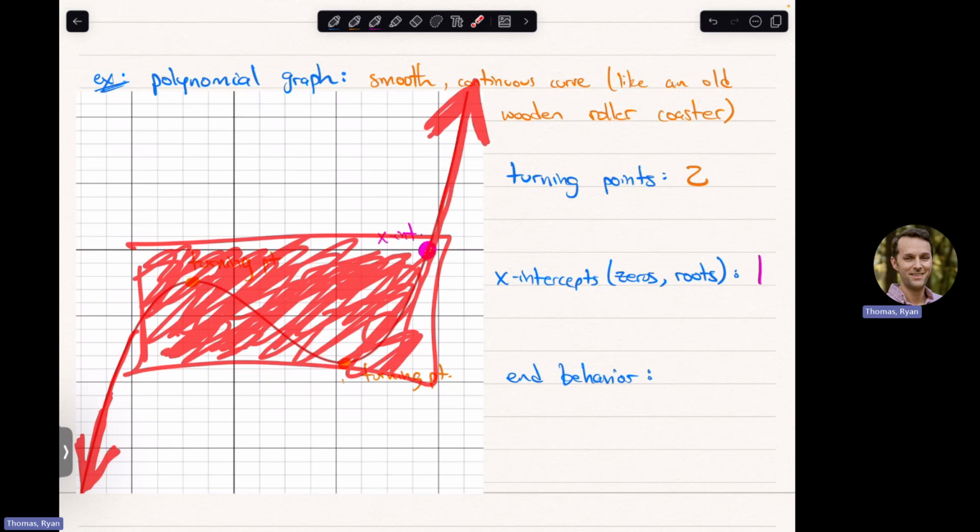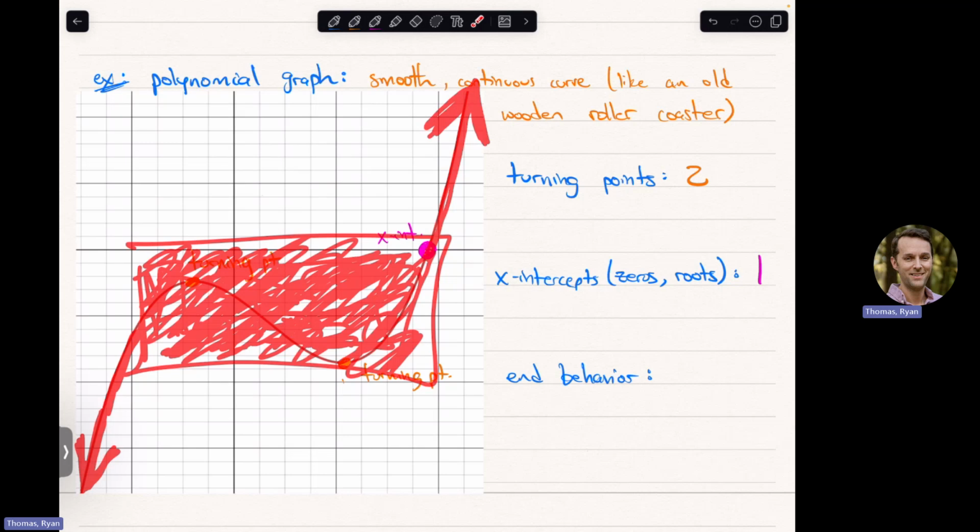So talking about the big picture, what this graph tends to do everywhere except for this little box of stuff in the middle that I'm not looking at, basically this function is increasing everywhere, right? As I read left to right, we're moving up over almost the whole domain of the function, again, except for this box that I've covered up for now.